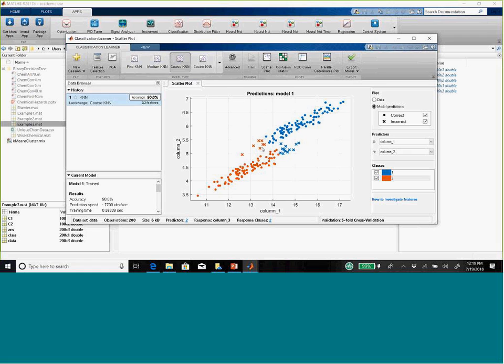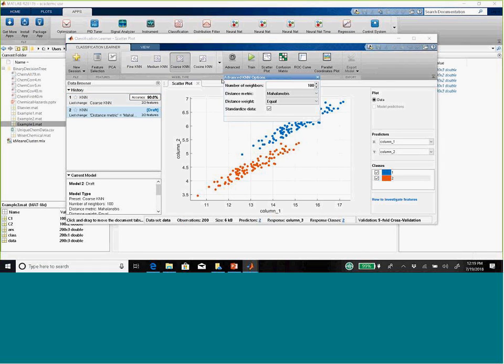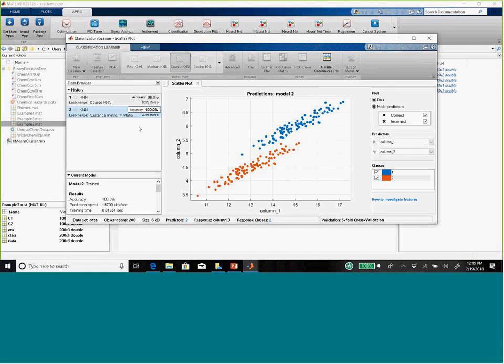And just something else we have to do here. So what I'm going to do, I'm going to change the distance from Euclidean to Mahalanobis and run it again. Get 100% performance. And actually very substantial.